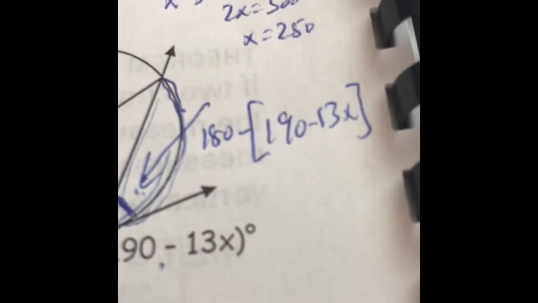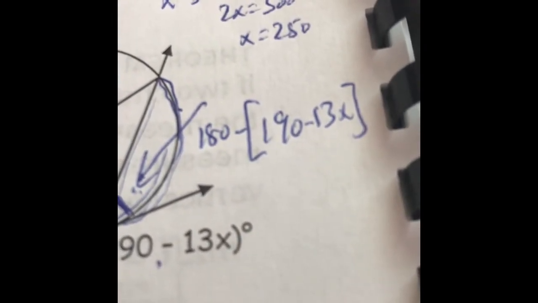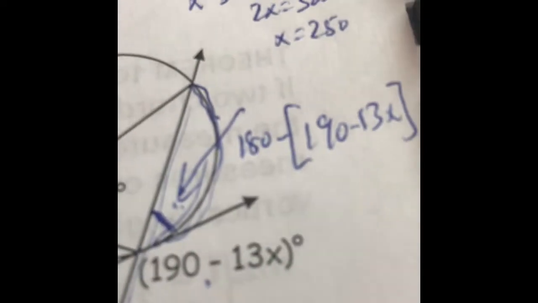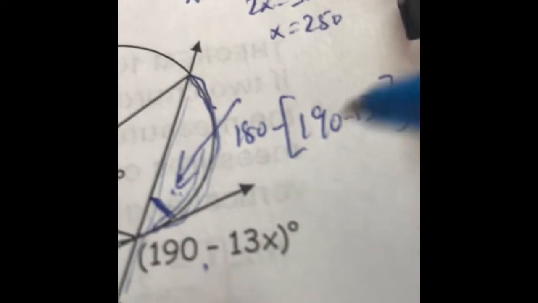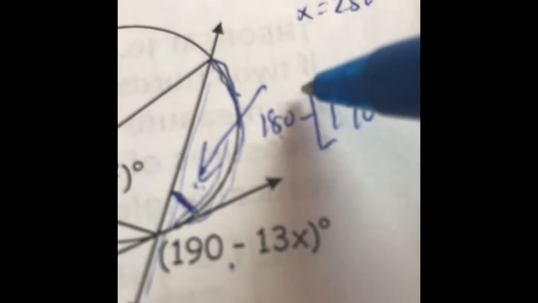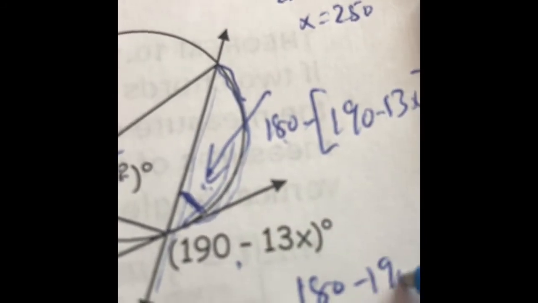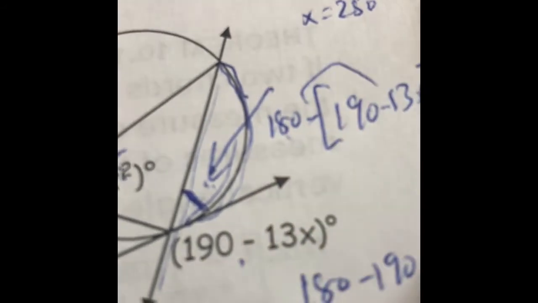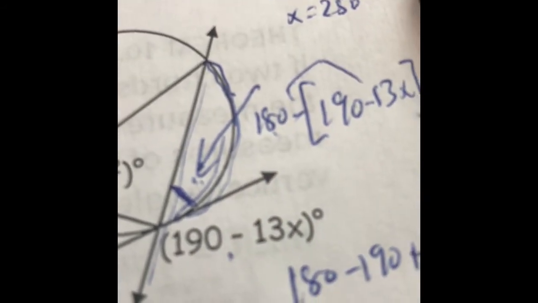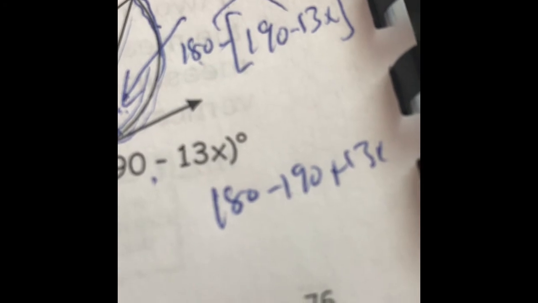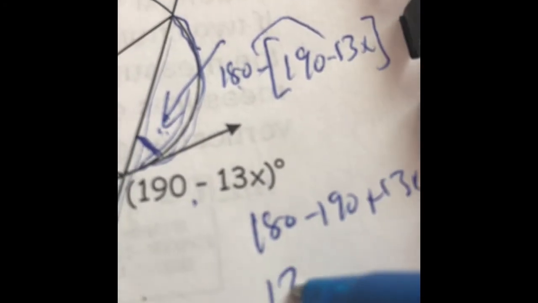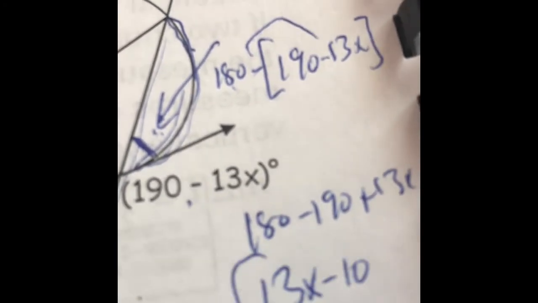So if that helps you, you may want to pause the video now and continue and try it on your own. Now, when I figure this out and distribute this, this is now 180 minus 190 plus 13x. So 180 minus 190 plus 13x is 13x minus 10.